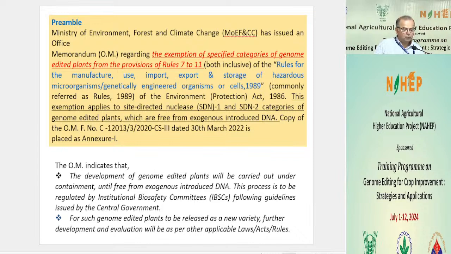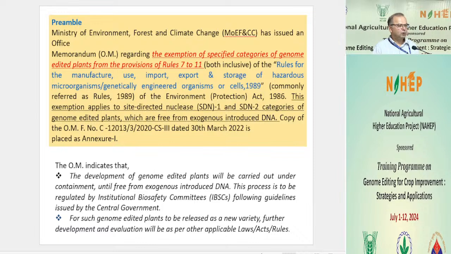So, let us see what those rules 7 to 11 were. Exemption from rules 7 to 11, how does it help or how will it really simplify things. The OM indicates that the development of genome edited plants will be carried out under containment until free from exogenous introduced DNA. So all the development procedure needs to be carried out under containment conditions. It has to be within a lab which is certified to carry out recombinant DNA technology procedures.